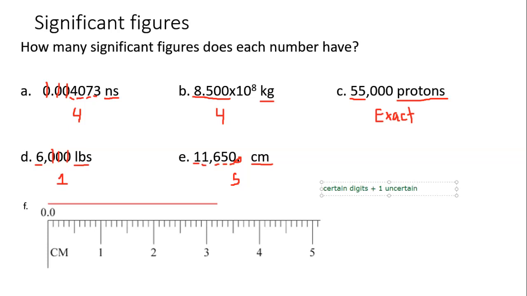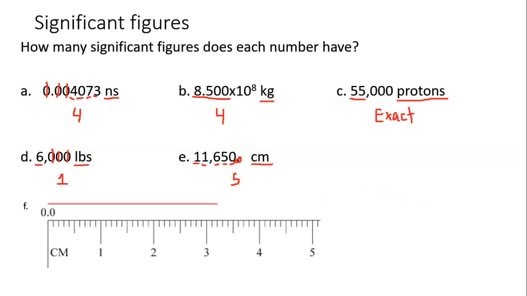And for measurements, certain digits depend on the tick marks of the measuring device. So you look at the smallest tick mark on your measuring device, that'll tell you how precise you can get the certain digits. So here we notice this ruler is in centimeters, and the smallest tick mark is 0.1 centimeters.